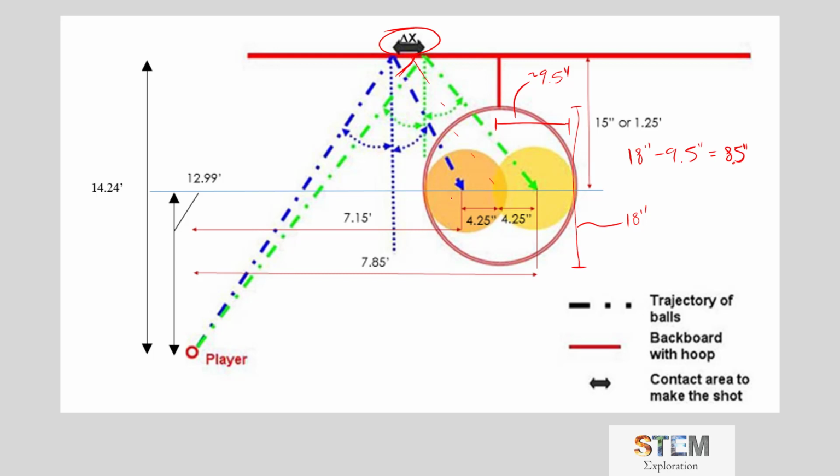I understand it could roll around the hoop and fall in, but we need to set a very specific constraint in order to build the model. You start throwing in too many variables and it gets way more complicated, and we're just trying to keep a simple model here.